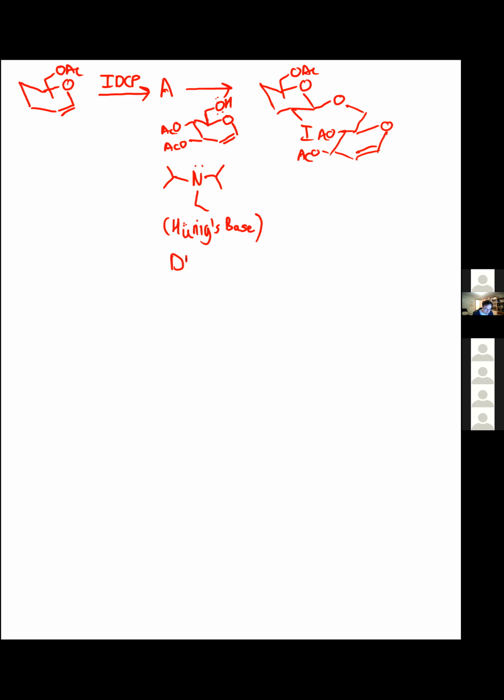We're also going to call it diisopropylethylamine, DIPEA. It's my favorite base because it's really, really bulky and it never does nucleophilic attack. Triethylamine does do nucleophilic attacks, especially when you don't want it to. DIPEA never does, and I can say that I've never seen it do one.